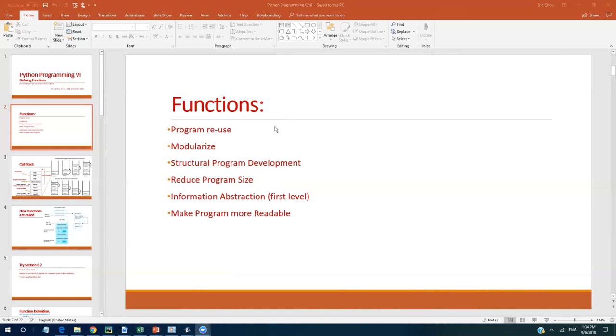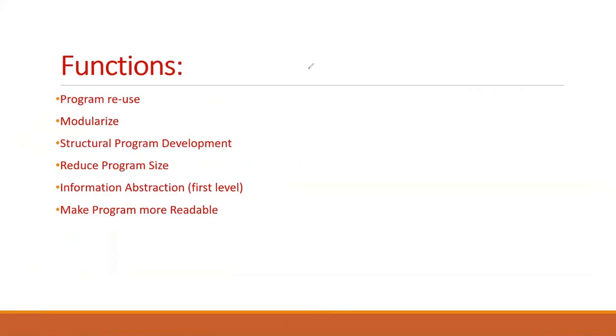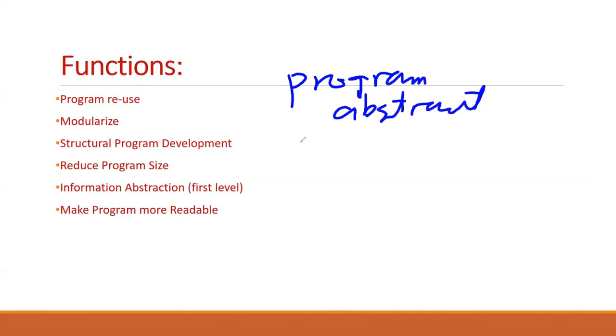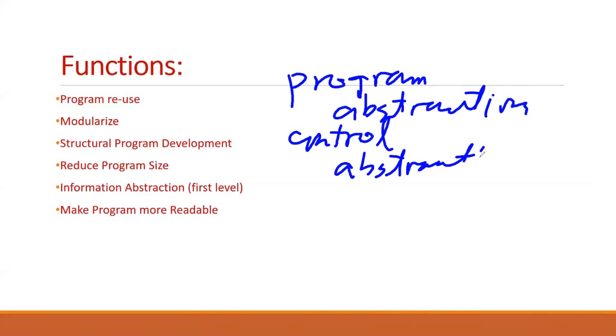So that's about abstraction. About function, function is one of the ways we do abstraction. There are 2 types of abstraction in computer science. One is called program abstraction or control abstraction, and the other is called data abstraction.